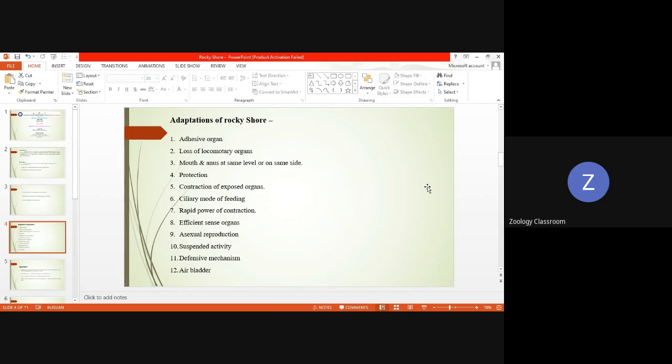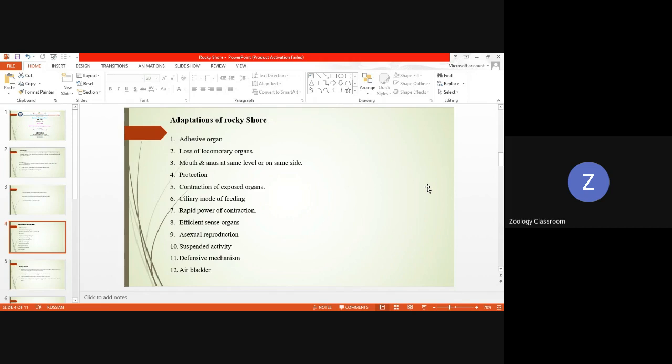In balanus, an arthropod which is attached to the rock, shell is well developed and this shell is very protective. Tube is developed from the shell piece in case of tubiculous polychaetes. They show contraction of the exposed organs.